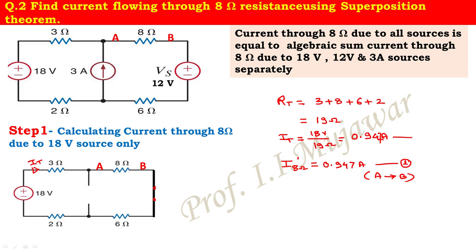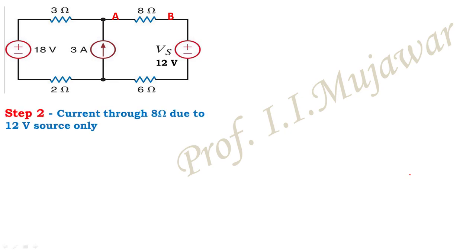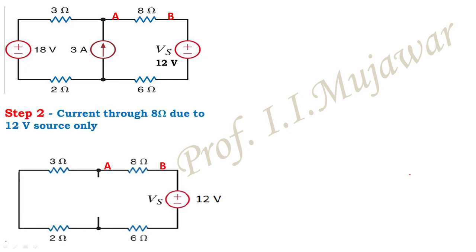And the second step, we have to remove 18 volt and 3 ampere. That means we have to consider only 12 volt source. So your circuit is like this one. Now again there is a single loop. Now this battery of 12 volt is delivering the current, say IT, and to measure IT we have to calculate RT, that is again the total resistance seen by the battery.